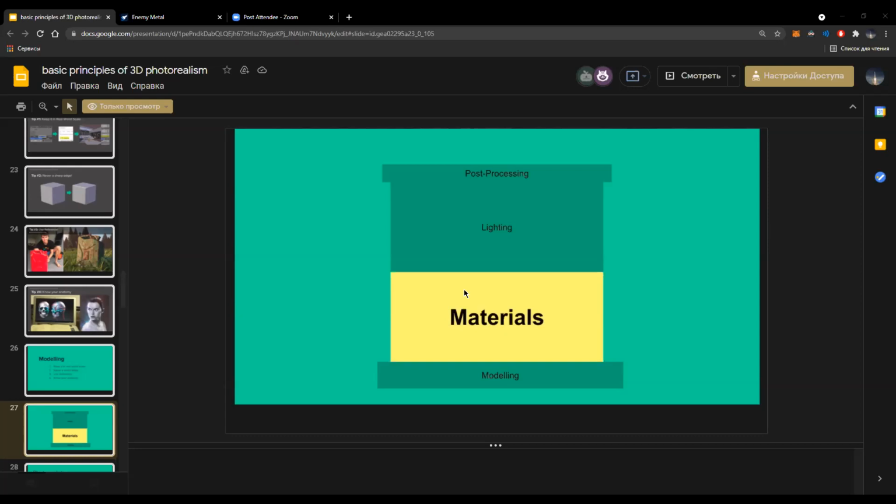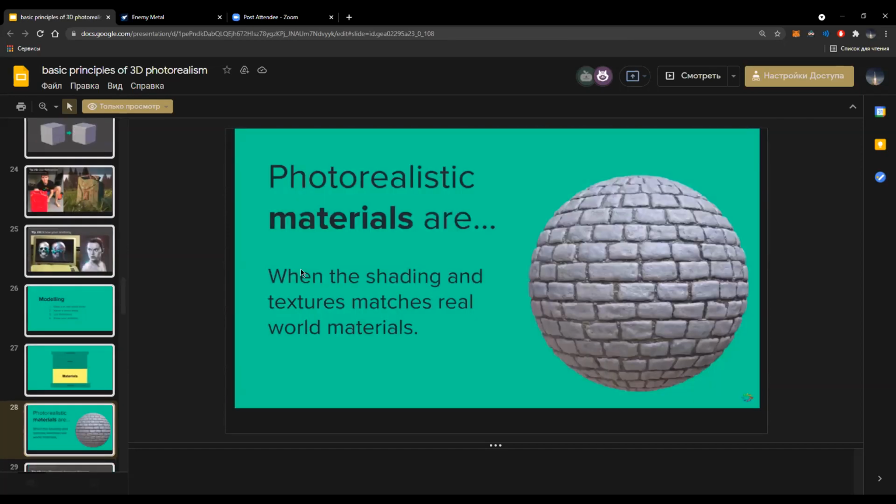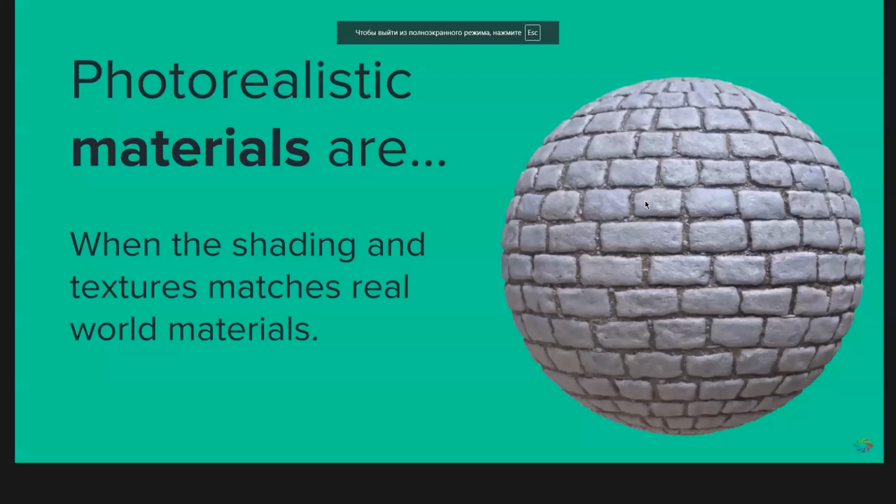If the texture or shading is slightly off, you're gonna notice that. Photorealistic materials are when the shading and textures match real world materials.